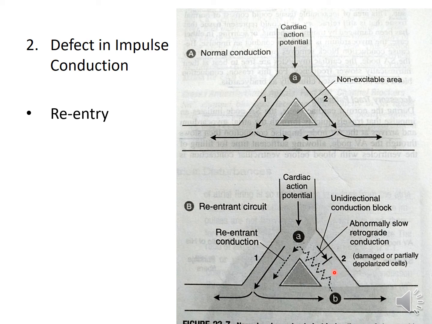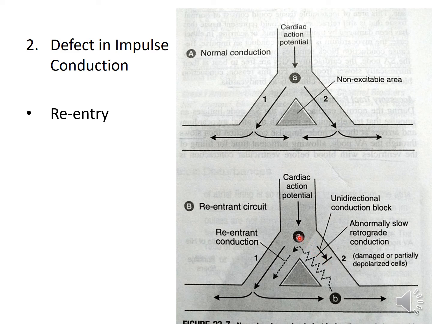Why? Because here the tissue is still in refractory phase due to the previous wave of depolarization. Due to slow conduction, the tissue is still in action potential, so the wave cannot propagate through the second pathway.